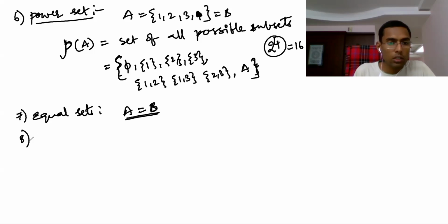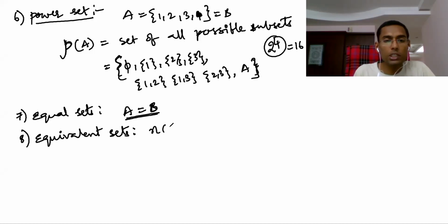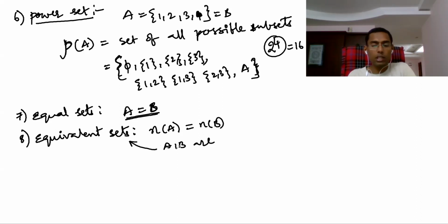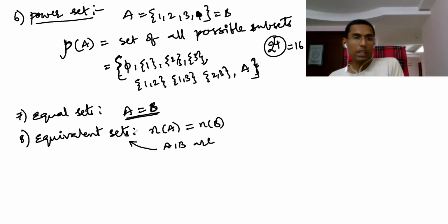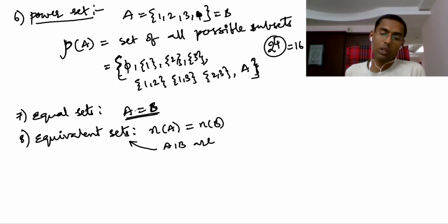And equivalent sets, this is an important term. Equivalent sets means the number of elements in A equals the number of elements in B. If A and B are equivalent sets, they will have the same number of elements. Equal sets mean the same number of elements and the same elements also.